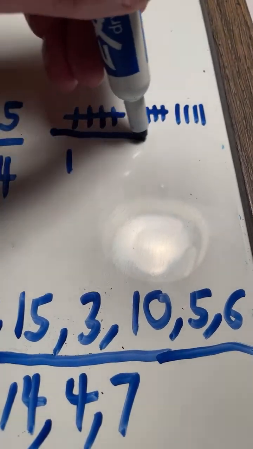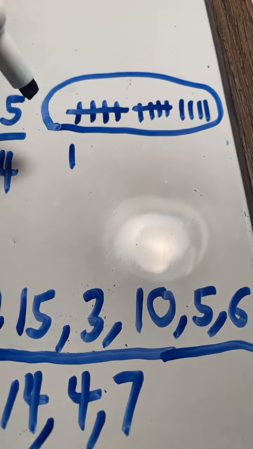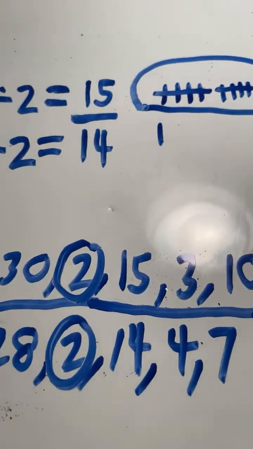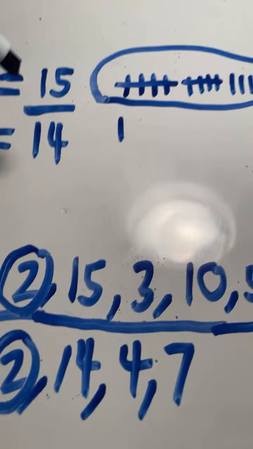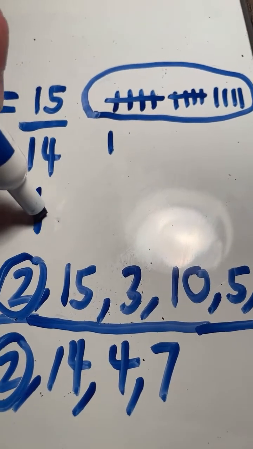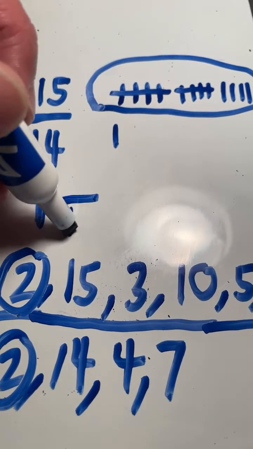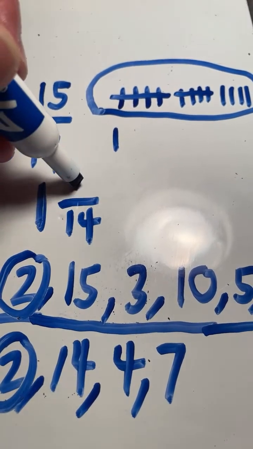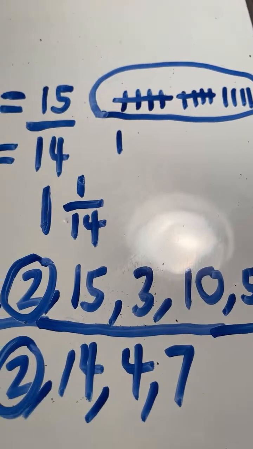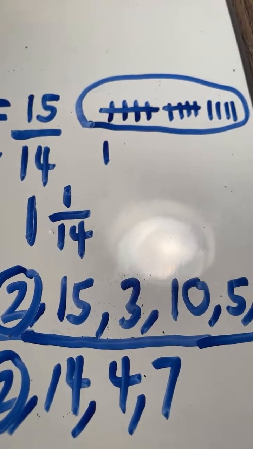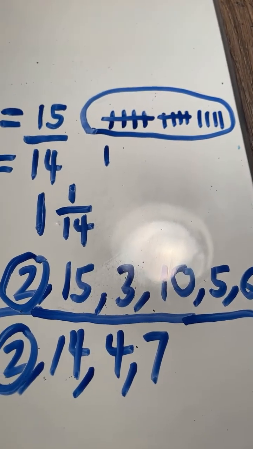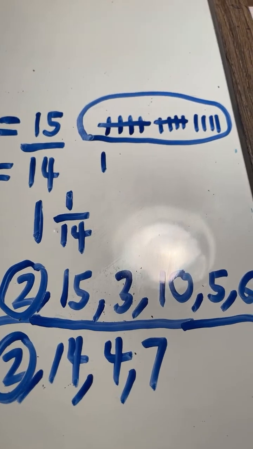So I was able to get one full group of 14, and then I have one remainder. So 1 is our whole number because I was able to get one full group. Our denominator stays the same, and our remainder is our numerator. So 15/14 converted to a mixed number equals 1 1/14.